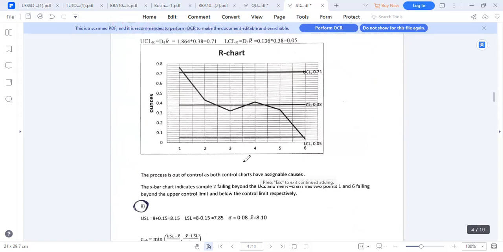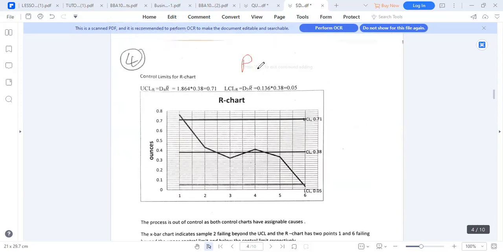Similarly, when getting down to the other R chart here, our R chart, we have the R bar as the center line. Okay, so this is our center line. And then how will we get our R bar?